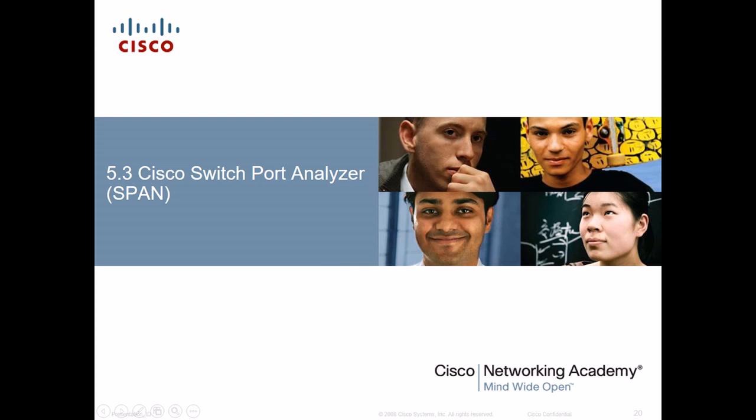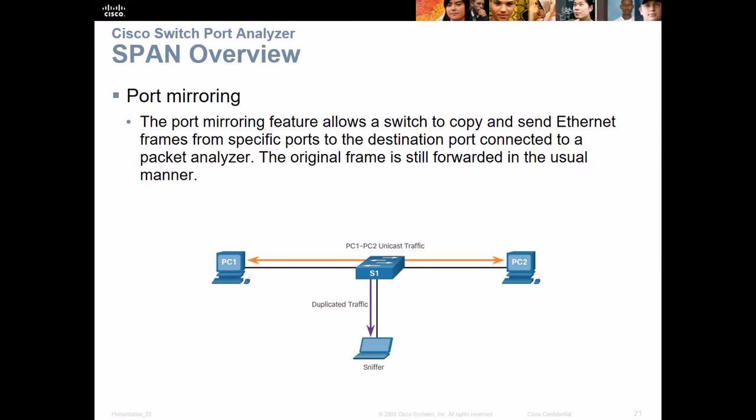All right. Now, when it comes to the switch port analyzer, the SPAN ports on a switch. Typically on a switch, when information is being sent from PC1 and the destination is PC2, the switch is only going to send the information to PC2.